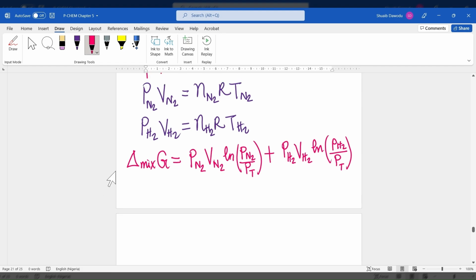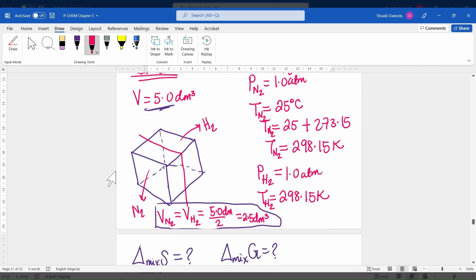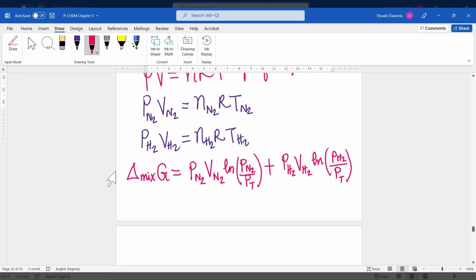We have this information now. We can just simply substitute. We've got the value for pressure, temperature, and volume for each one of the gases, nitrogen as well as hydrogen.